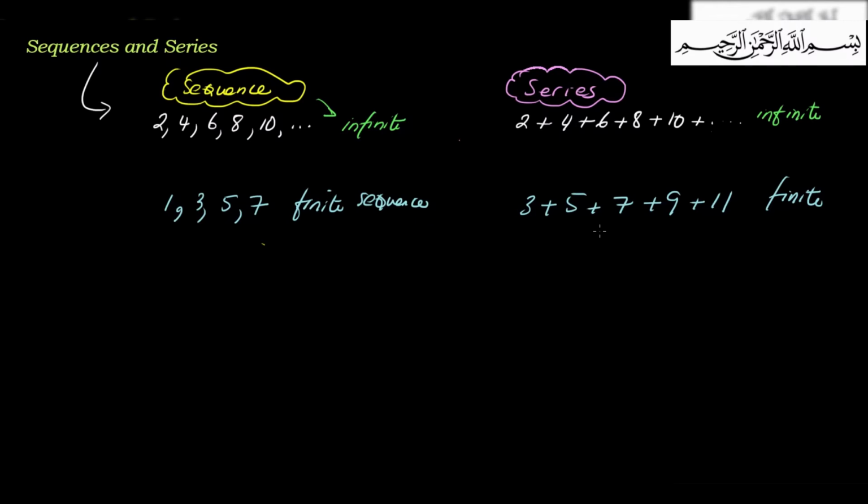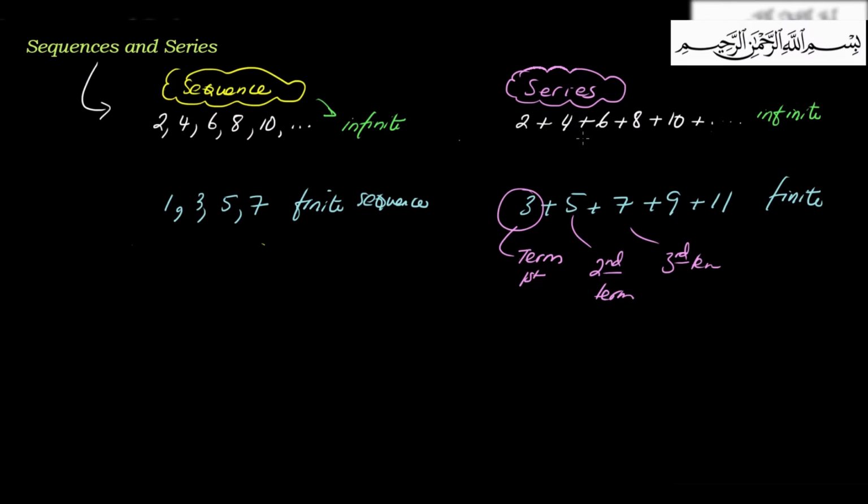Each of these numbers is called either an element or a term. So you can give it different names. And frequently, of course, you need to give them names. This is the first term, and this would be the second term, and this would be the third term, and so on, continuing that way.